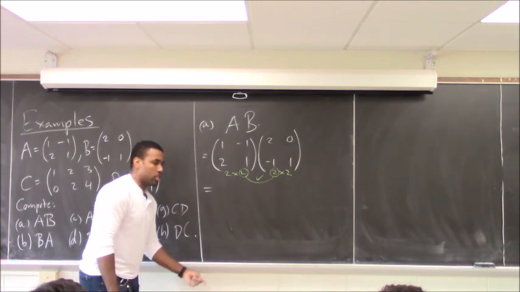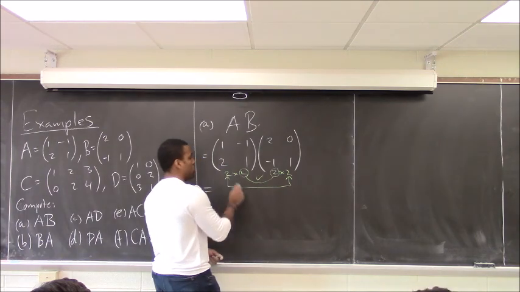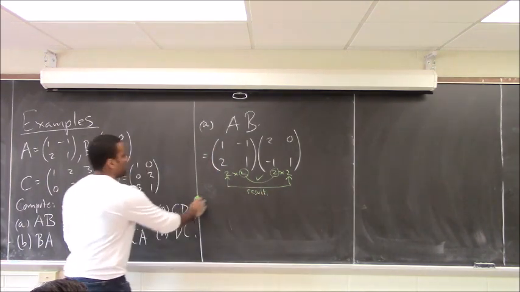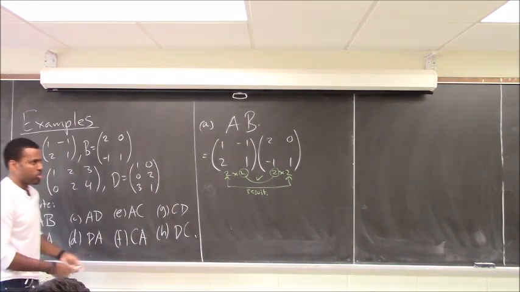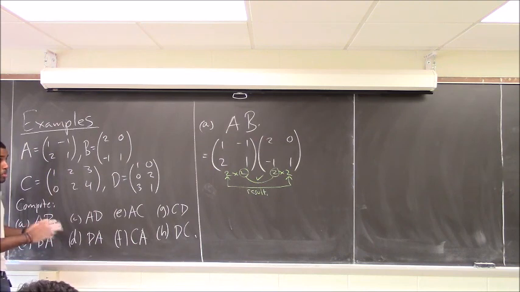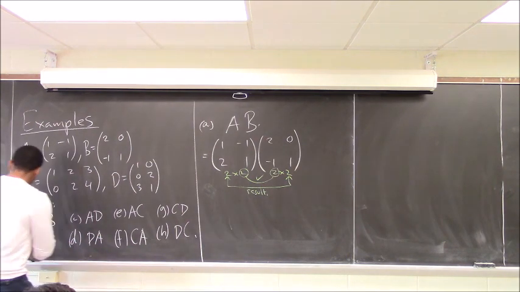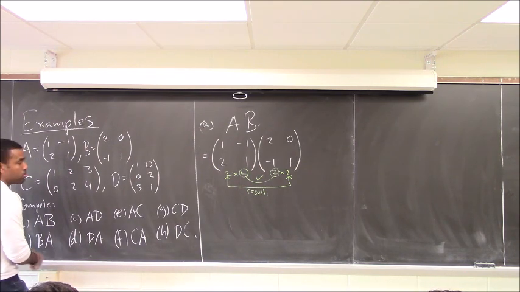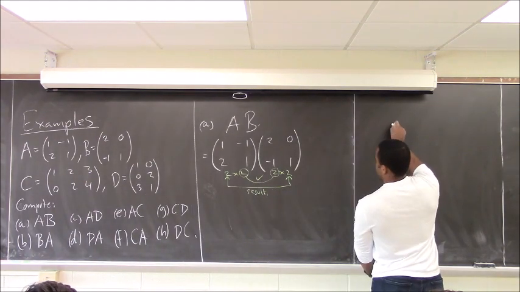Now, at the end of this process, the result should be also a 2 by 2. That's the size of the result. Okay? So these two match up, means I can multiply it. If I multiply two 2 by 2 matrices, the result is a 2 by 2 matrix. Okay, so here I'm going to write out the result.